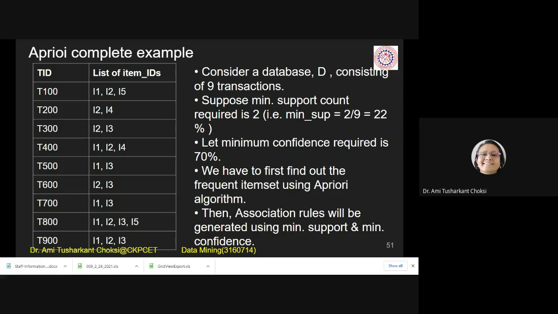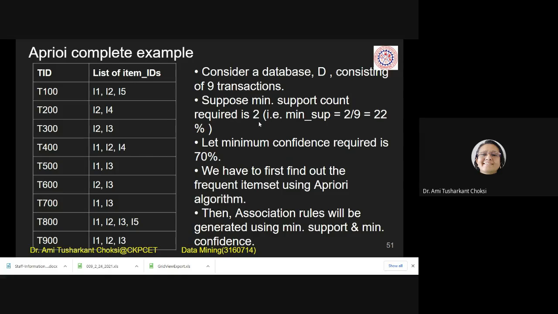See, support can be given either as support count or otherwise as a percentage, right? If the count is there, you can convert that to percentage if required, and if the percentage is given, you can convert that to support count. Finding the support count will be easier for you, isn't it? Because we can find the count from this database table, isn't it?